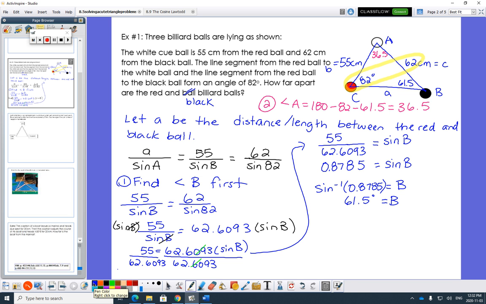And now we are ready. Now we have angle A, so we can find side A.